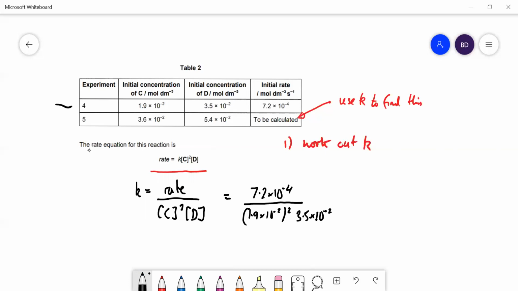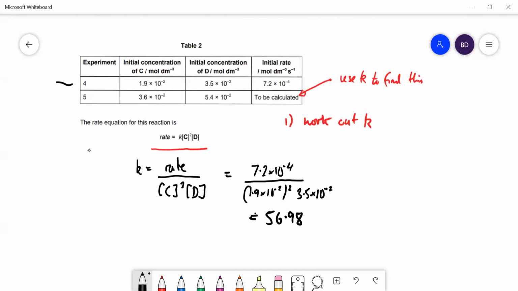All right, do that in a calculator. What do we get? Right, if you do that, you get 56.98, but we need to be careful of significant figures there.